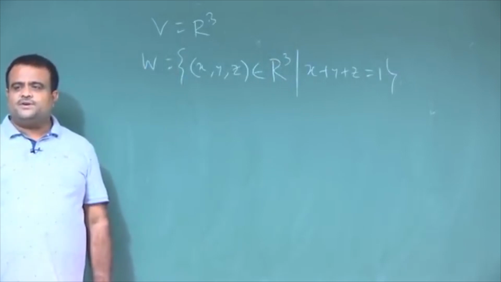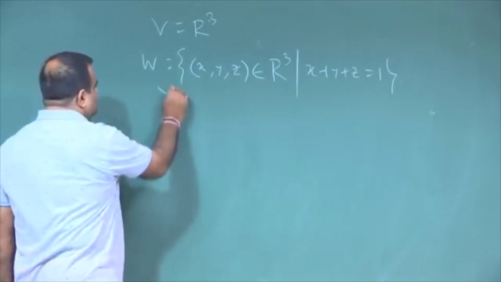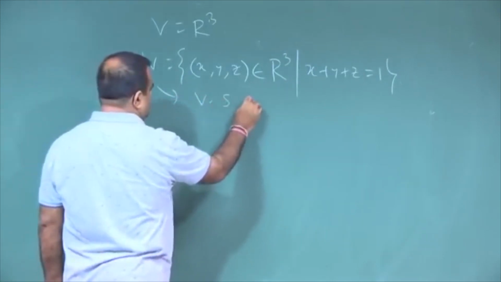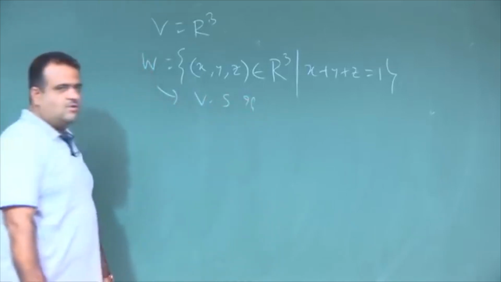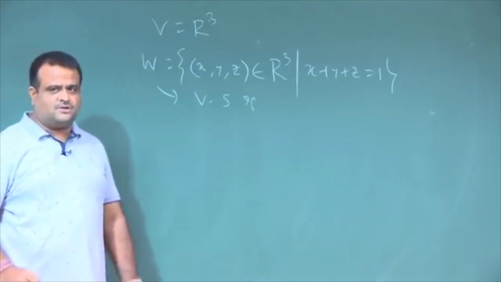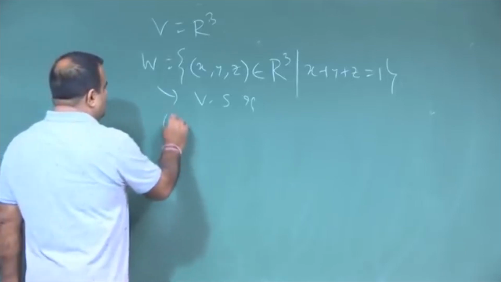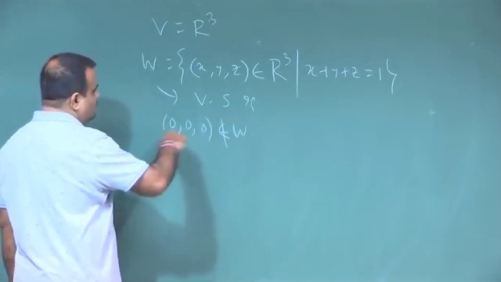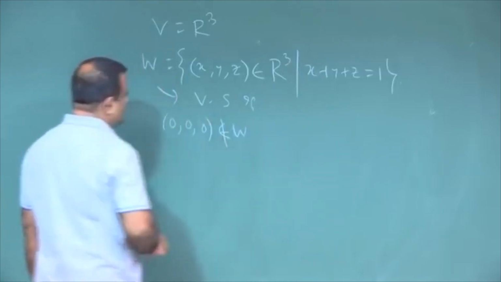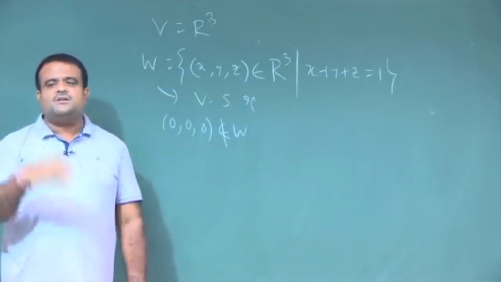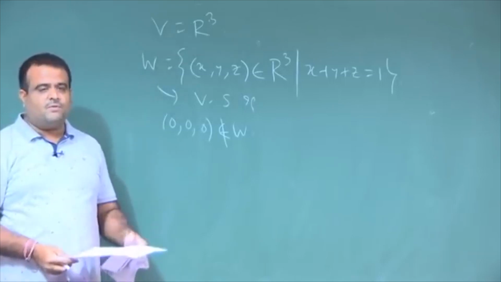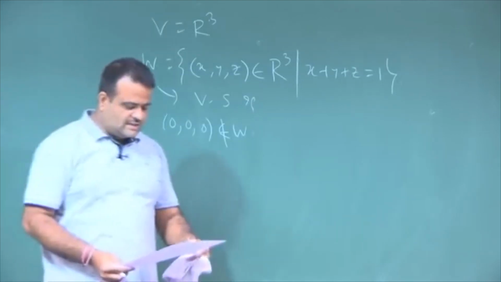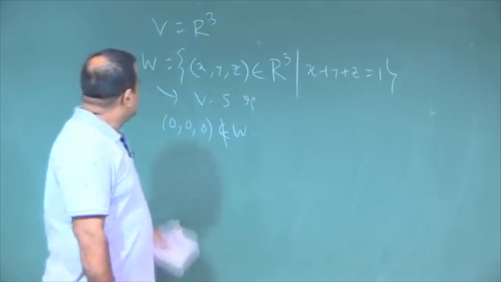Is W a vector space, I mean a subspace? No, W is not a vector space because the identity element does not belong to W, because if we add it, the sum is not 1. So, it cannot form a group, it cannot form a subgroup. So, this is an example where this is not a vector space.